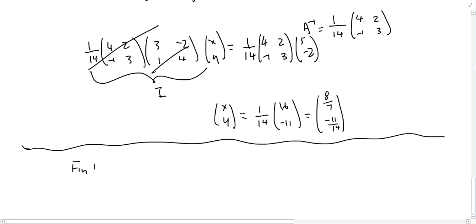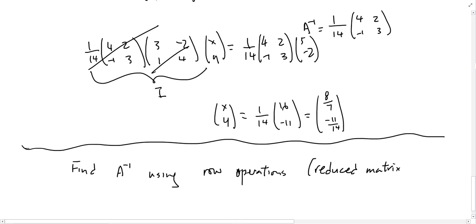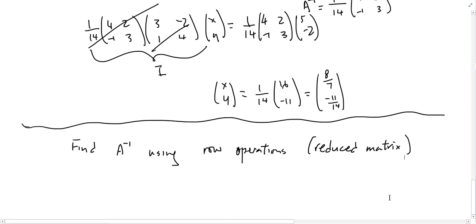You can also find A inverse using what we call row operations, or reduced matrix form. Okay?